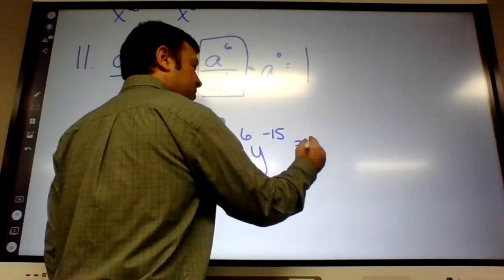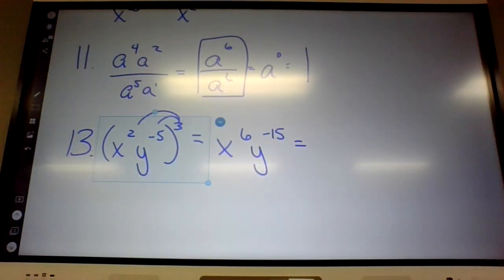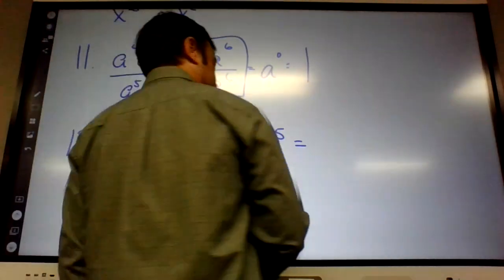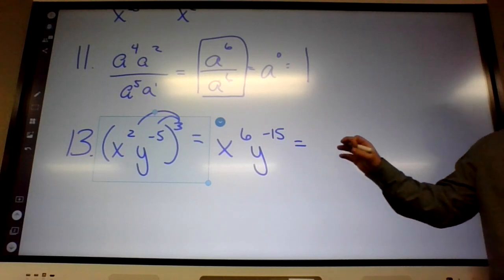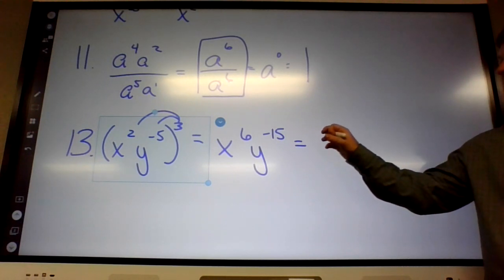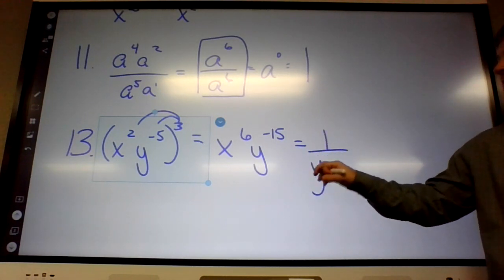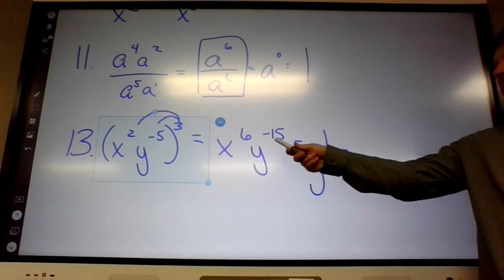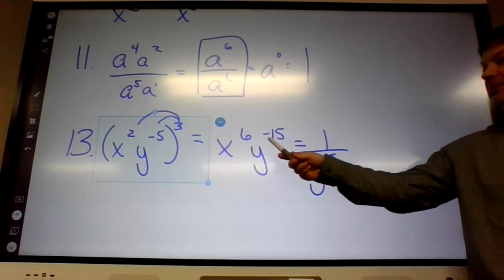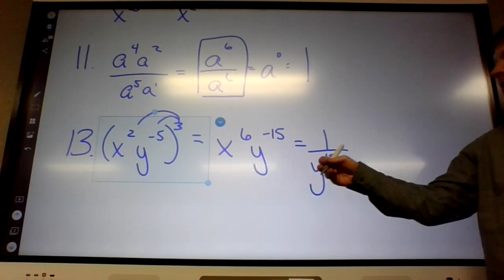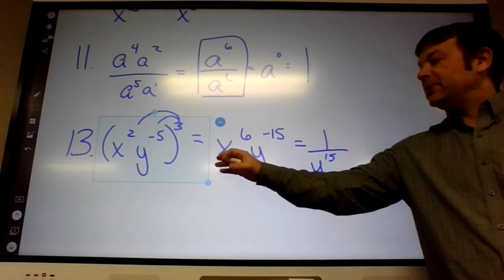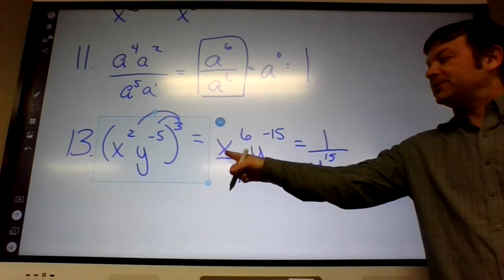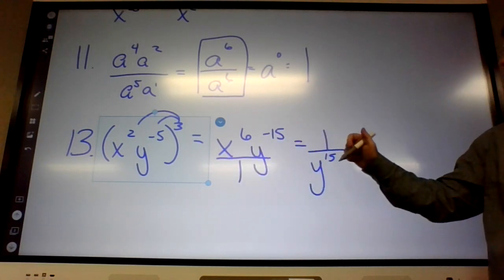So Bo, do you know what we're going to do about that? You put it into a fraction? Yes. Would it be like 1 over y to the 15th? Well, that's part of it. That part is that, yes. And then you bring the x over? Okay, so x to the 6 isn't going to go anywhere. Right now it's on the top, so it's just going to stay on top.